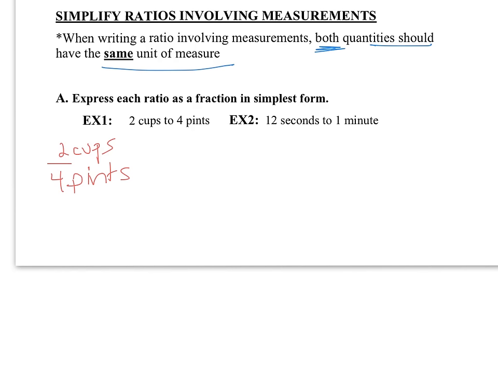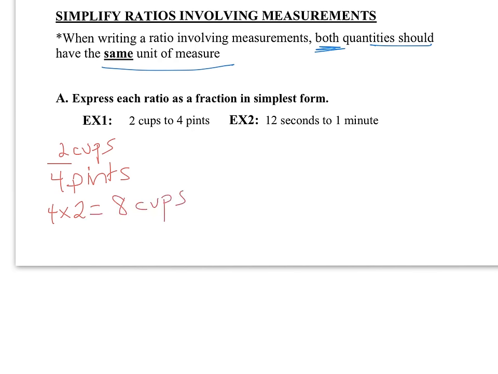So we're going to have to determine how many cups are in a pint. And in this case, for every 1 pint, it'd be 2 cups. So what we would have to do is multiply the 4 by 2, and that makes it a total of 8 cups.